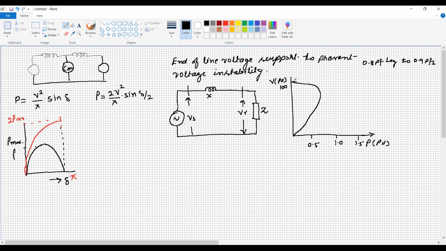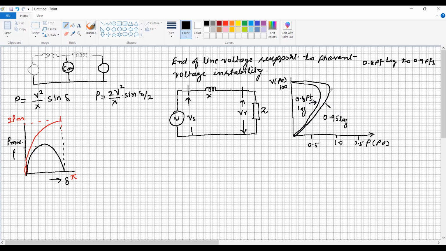Similarly, if we increase the power factor from 0.8, again the voltage is, say, up to 0.8 PU. Say this curve is 0.8 power factor lag. This is 0.95 lag.